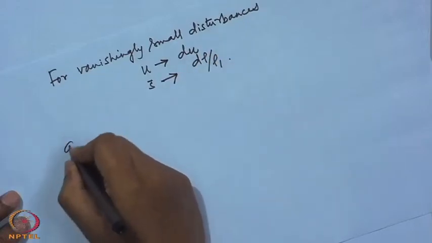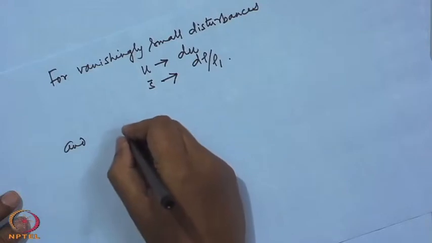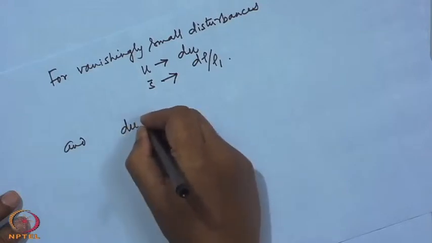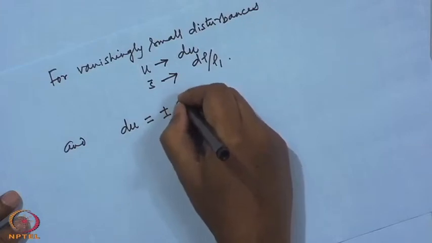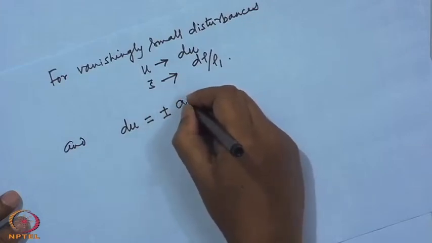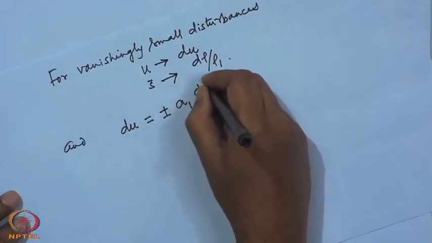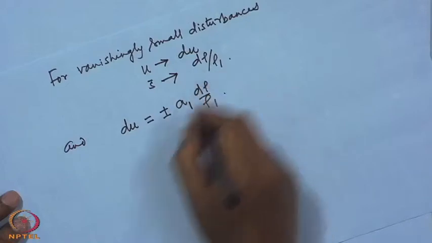And we have du equal to plus or minus a1 s, which can be written as plus or minus a1 d rho by rho 1.